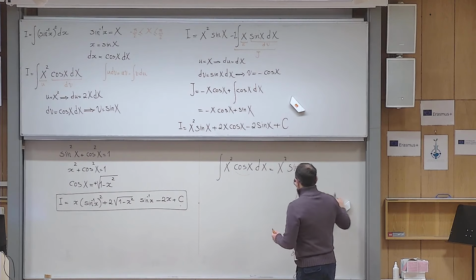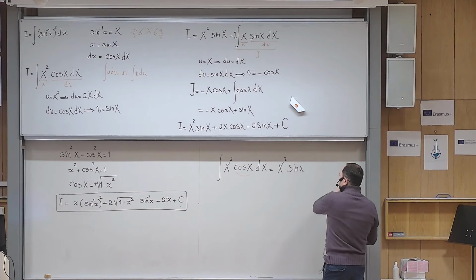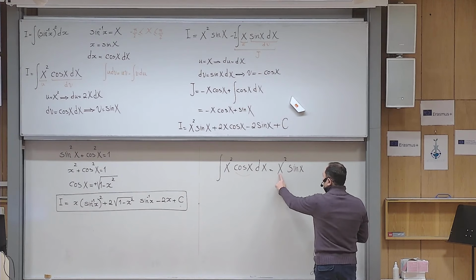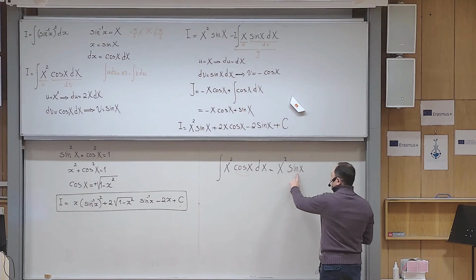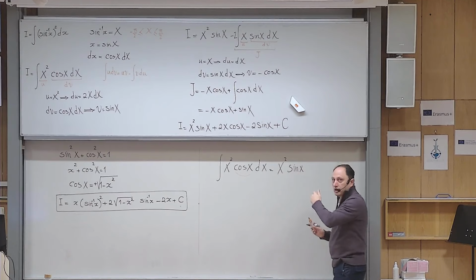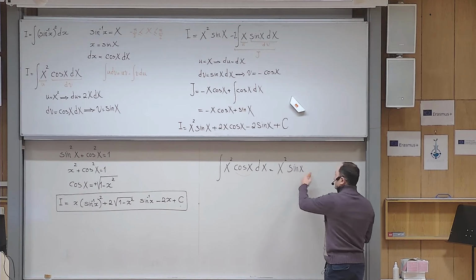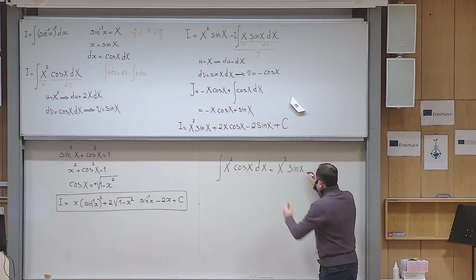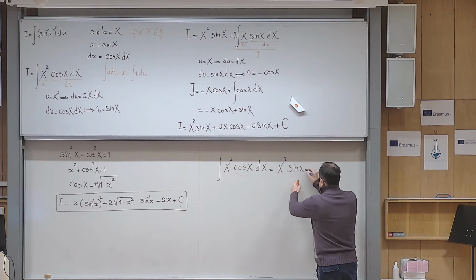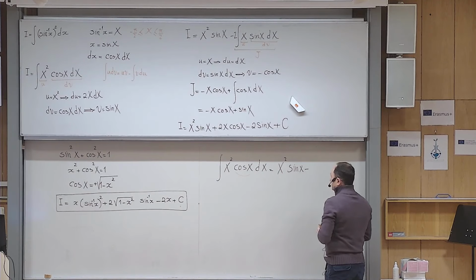Okay? And then every time you go forward, you differentiate this function and integrate this function and change the sign. So you alternate from positive sign to negative sign. So for example, when I want to start the second term, I started with a positive one. I put a negative sign here.